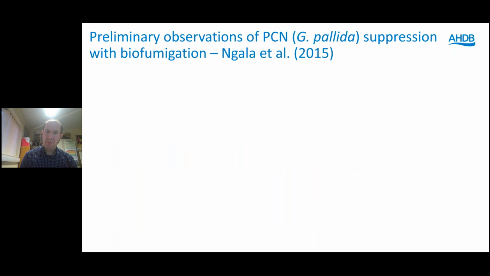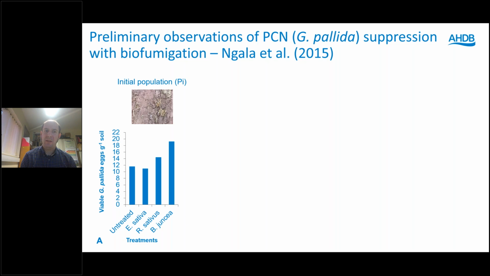Okay, so just to show you a little bit of evidence of pest suppression, this is on a pest that I've worked on fairly extensively, and that's potato cyst nematodes. So PCN nematodes survive in the soil as the old females, the cysts, and these contain up to 600 eggs. In this particular study, we've got 4 treatments.